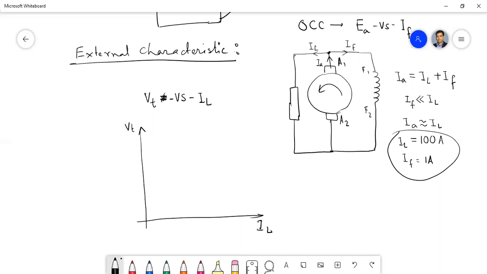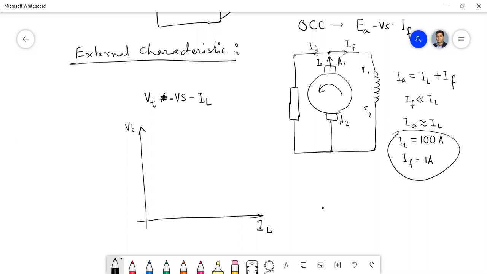Okay, now if the load current is 0, then what will be the point in this curve? How can we get that point if the load current is 0? Sir, to obtain the rated EMF, no load EMF.